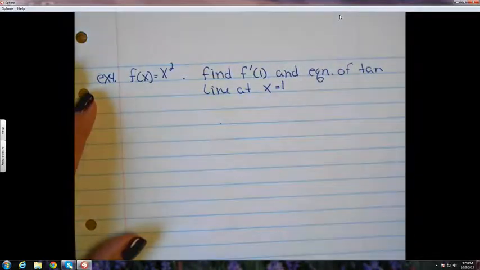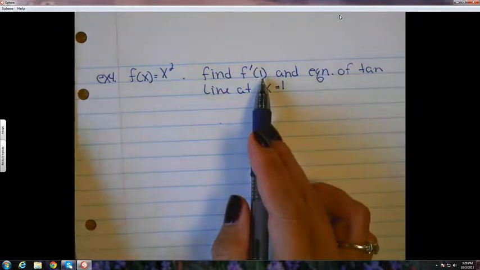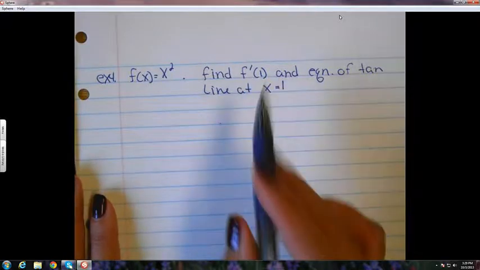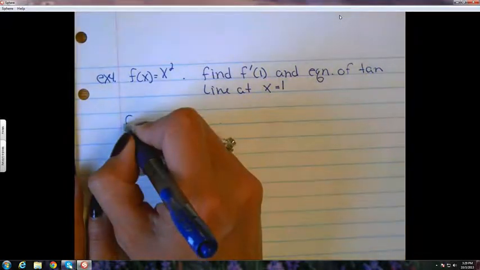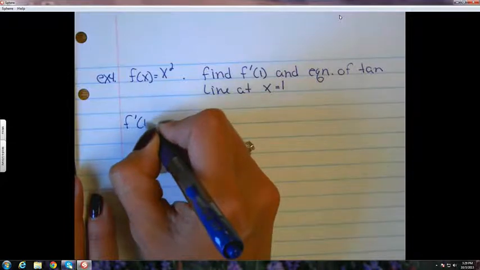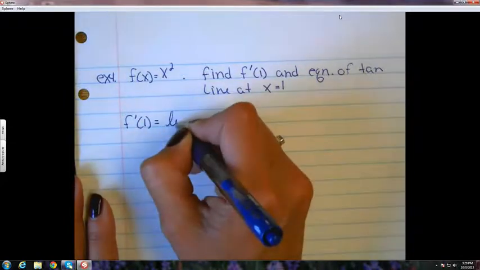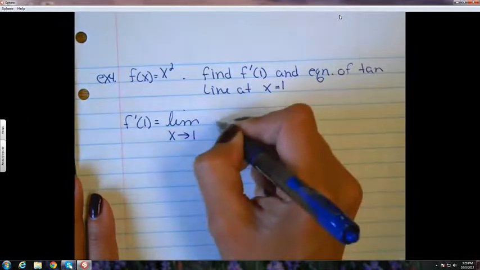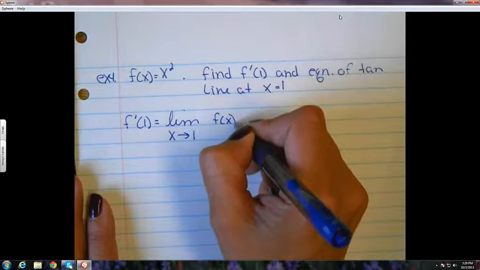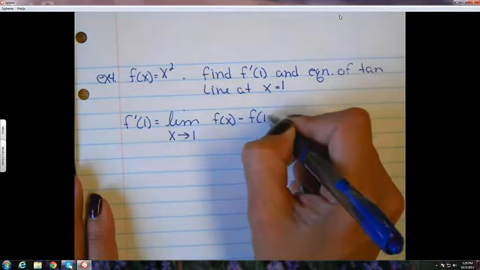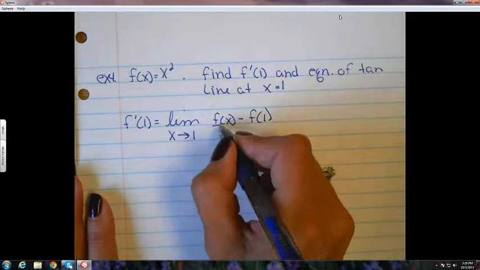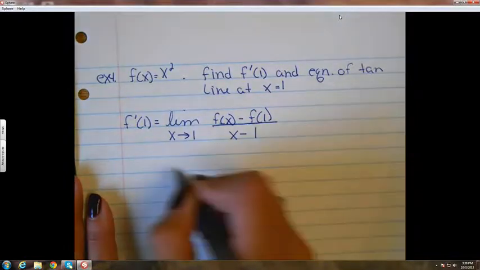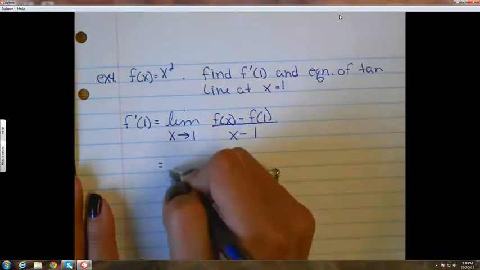Okay, so the first part is just what we've been doing, using that definition for derivative to get the derivative value. So f prime of 1 equals the limit as x approaches 1 of, and I'll write the definition out, f of x minus f of my c value all over x minus my c value. If you write that down a few times, you won't forget it for the quiz.